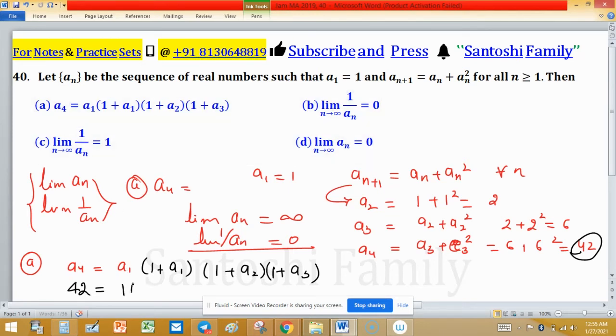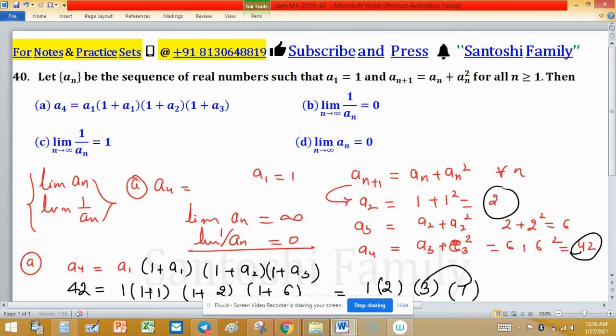If giving 42, then option A is true, otherwise not. Now a1 is 1, 1 plus a1 is 2, 1 plus a2 is 3 from our computation, and 1 plus a3 is 7. This gives you 1 into 2 into 3 into 7. 7 threes are 21 and 21 twos are 42.